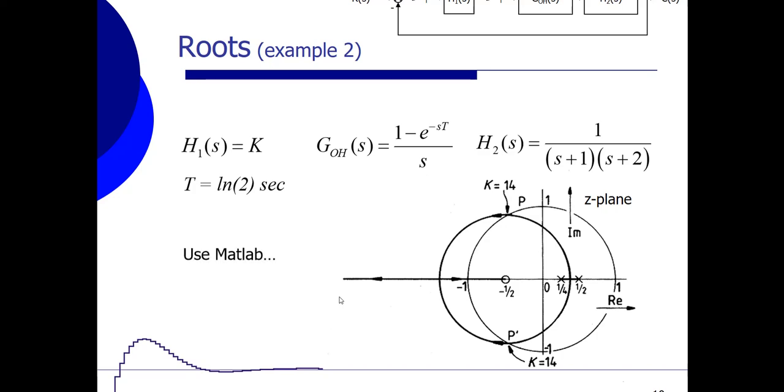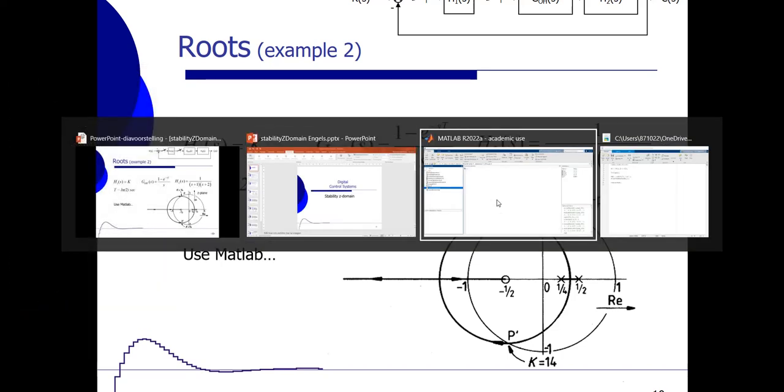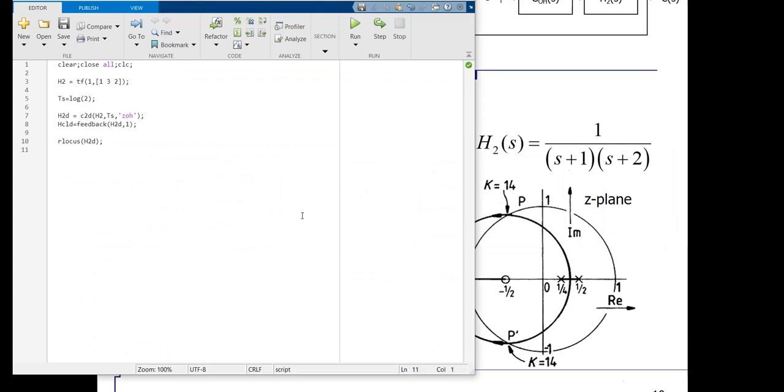And I'm going to show you a small demo in which you can see that it really is starting for k is 14. So I'm going to MATLAB, and I had a small script over here in which I defined H2, and I defined the sampling time of ln 2. And remember, in MATLAB you have to define the ln of 2 as the log of 2.